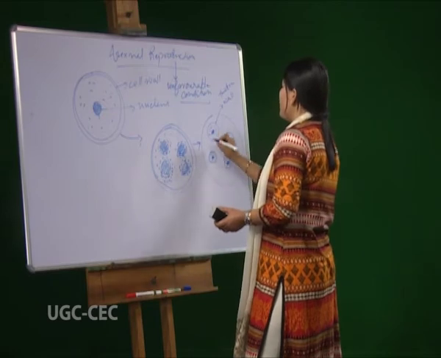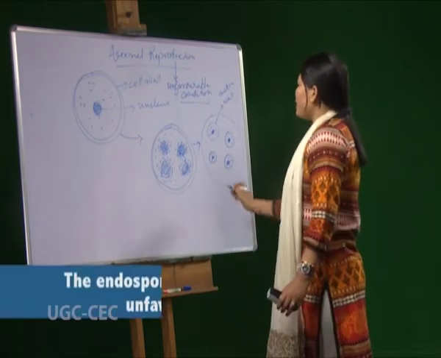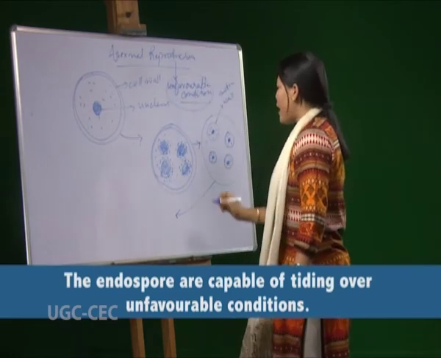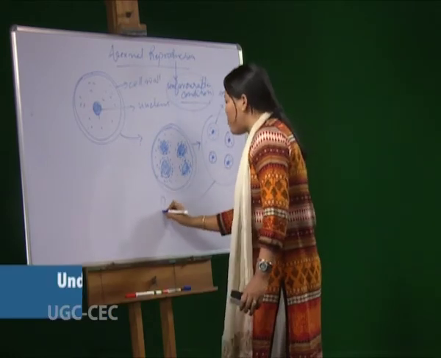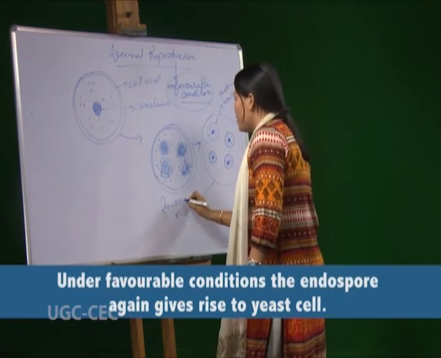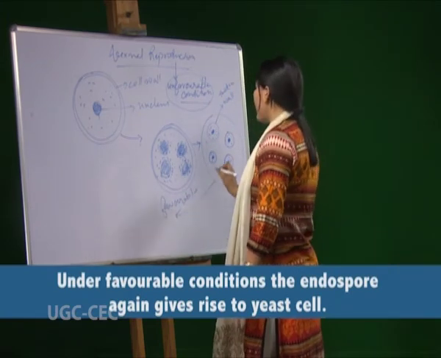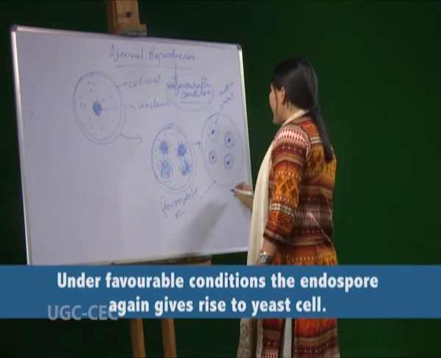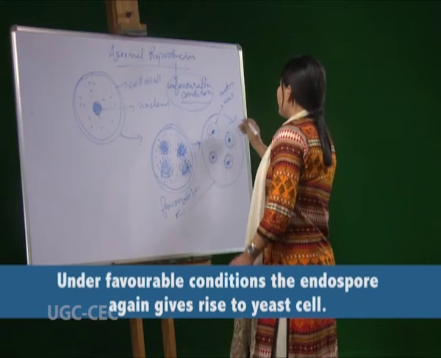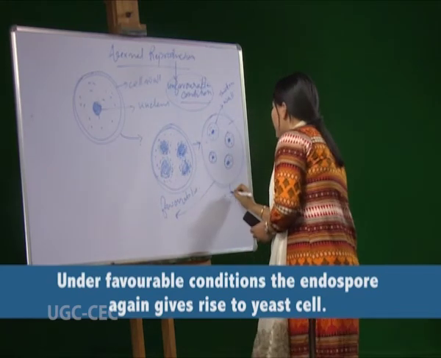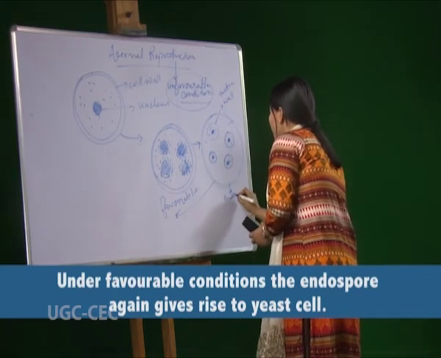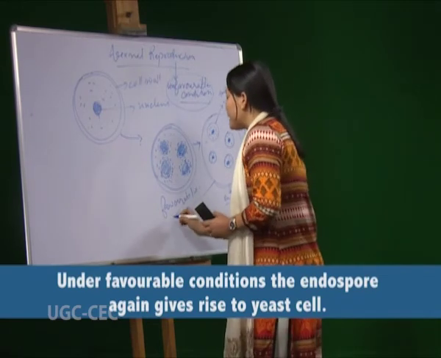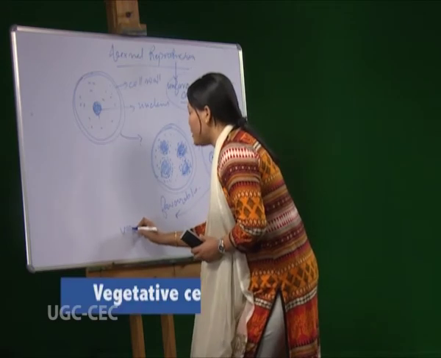4 daughter cells are formed, and this is under unfavorable condition, and when the conditions become favorable, this whole structure, which we call an endospore, will get converted into the vegetative cells.